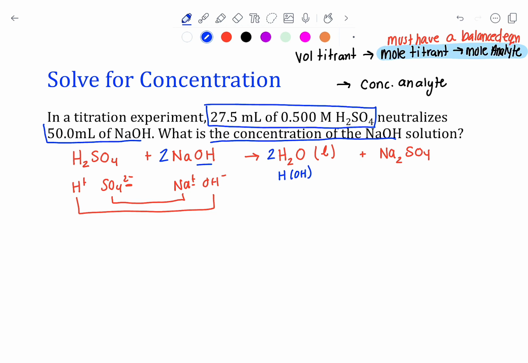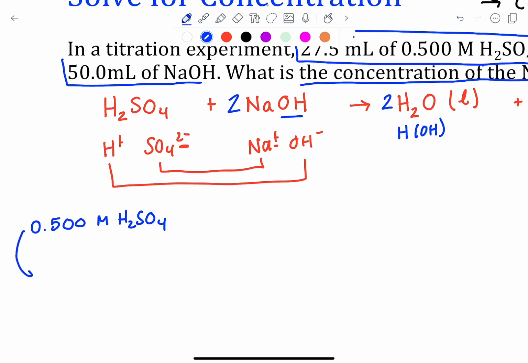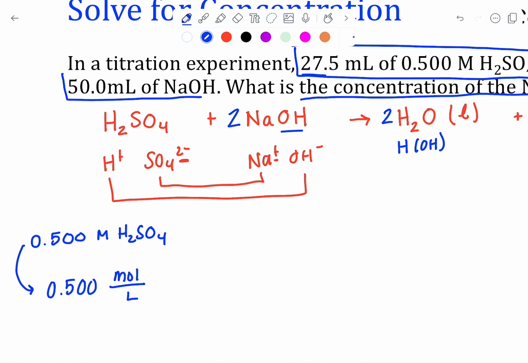So if I want to find my moles of titrant, I have to take my volume and use my molarity in order to convert it. We know that we have 0.500 molar H2SO4. Another way of writing molar is 0.500 moles per liter. So if I want to use that to find my moles of H2SO4 using my volume, well, my volume is currently 27.5 milliliters.